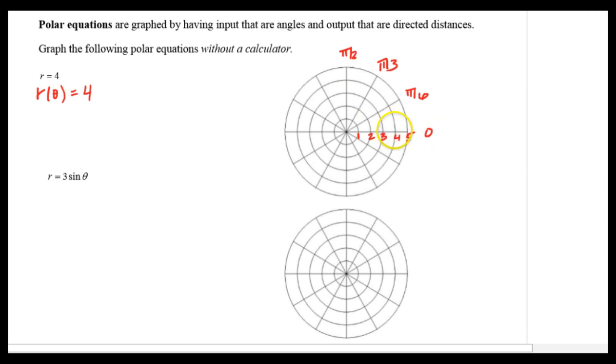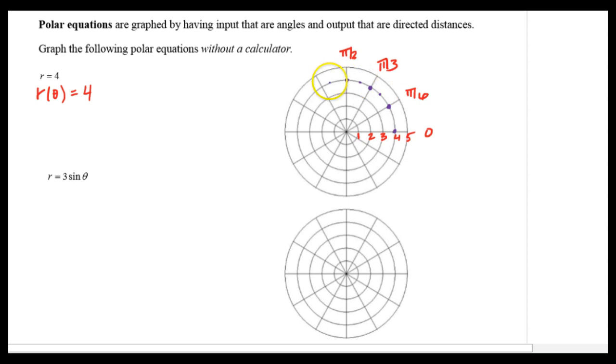If I go towards 0, positive 4 units, I'm right here on the polar axis. If I go towards pi over 6, I'm still going to be positive 4 towards pi over 6. And at pi over 3, I'm going to go positive 4. It doesn't matter what angle I go to, I'm always going to go out 4 units.